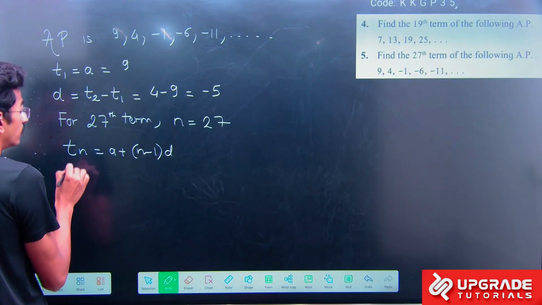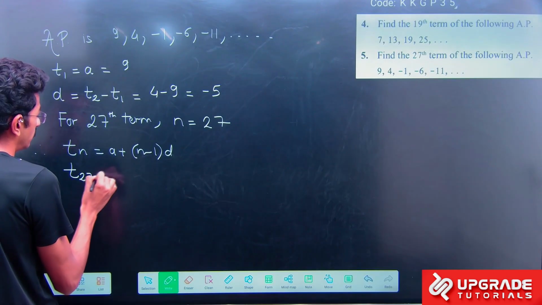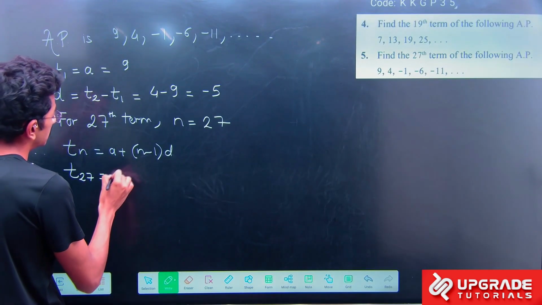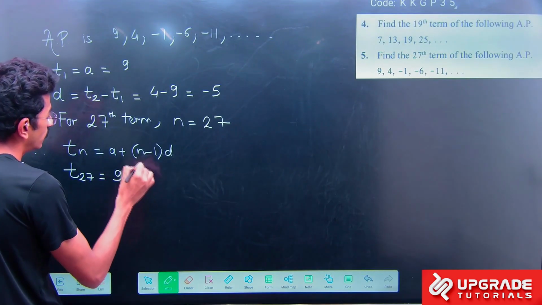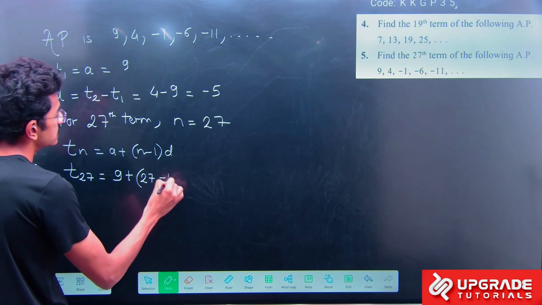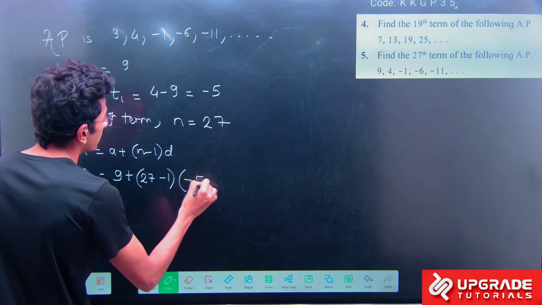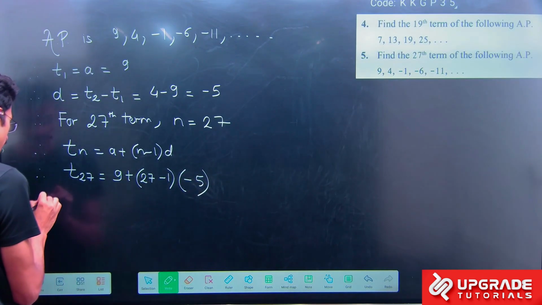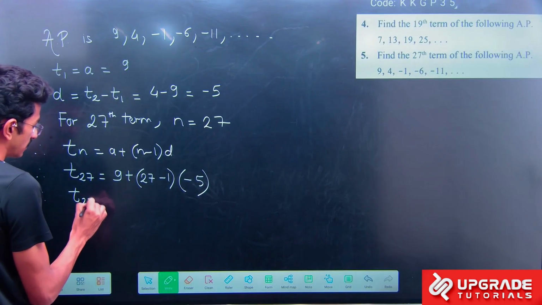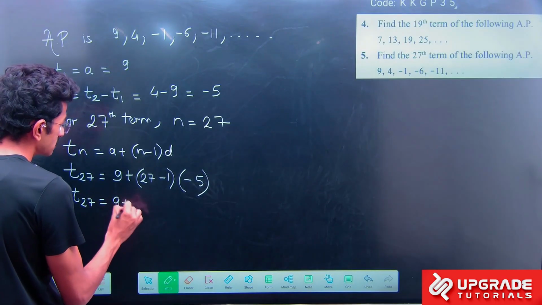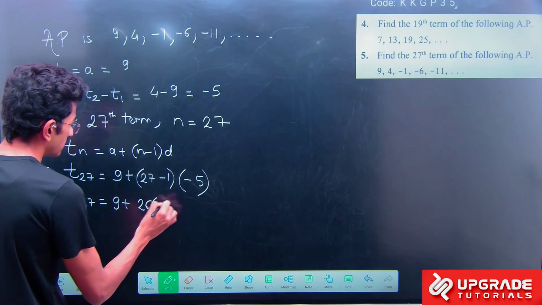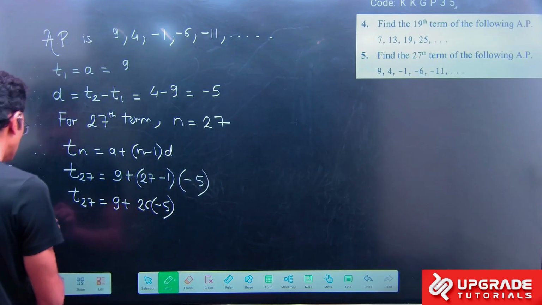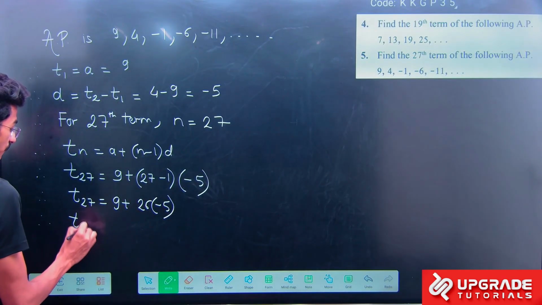So what is the value of n? T27. What is the value of A? 9 plus, what is the value of n? 27 minus 1, D is minus 5. T27 is nothing but 9 plus 26 into minus 5. Can anyone tell me the value of 26 into minus 5?